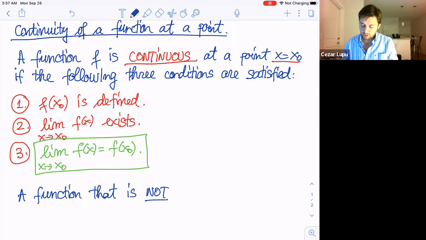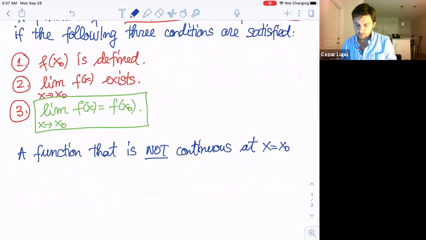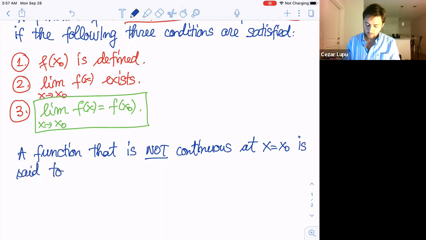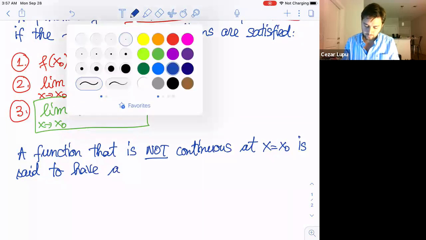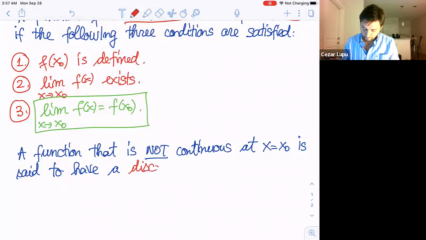We say that a function that is not continuous at the point x equals x naught is said to have a discontinuity at that point.